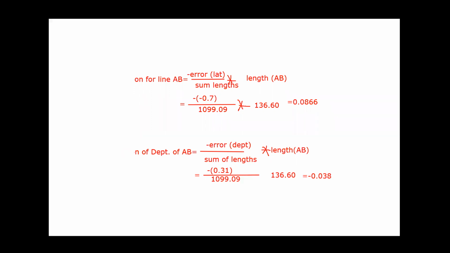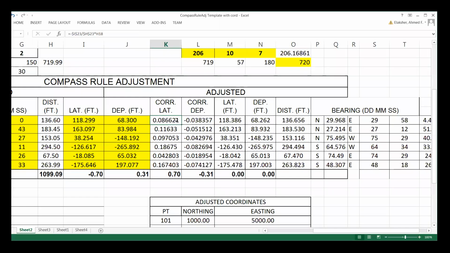Now, going back to the spreadsheet, we did do the corrections for the latitude and the departures. And when we sum them up, they should be the same number with the negative sign here.